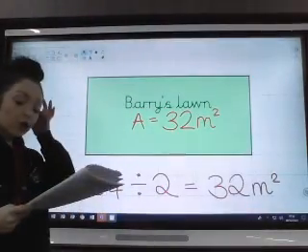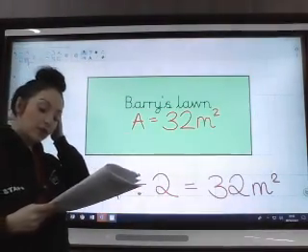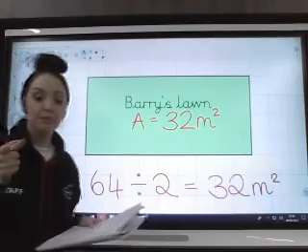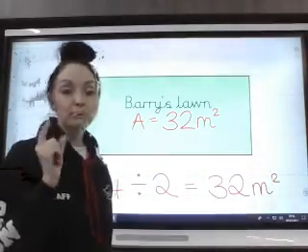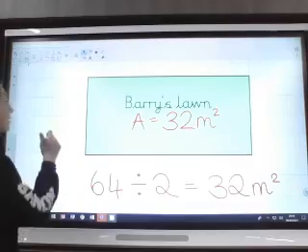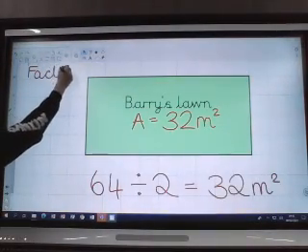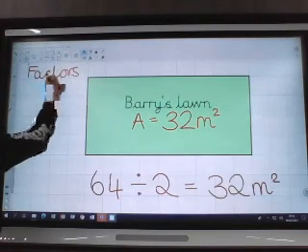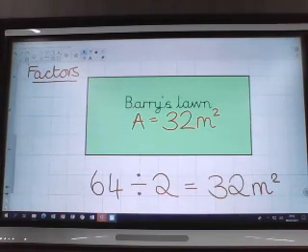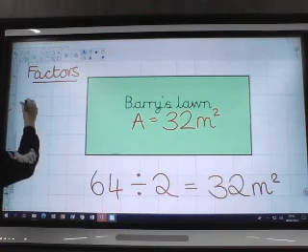So you're going to have to figure out then what factor pairs we've got for 32. So what two numbers you can multiply together to get 32. Okay, so I'm going to write factors up here. Okay, so for example, factors then could be 1 and 32.